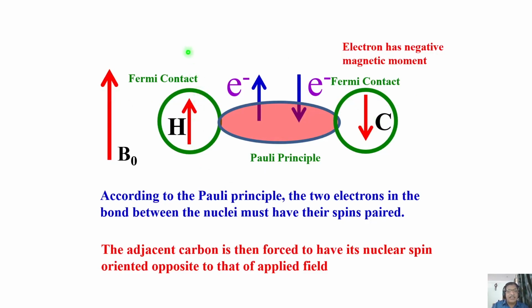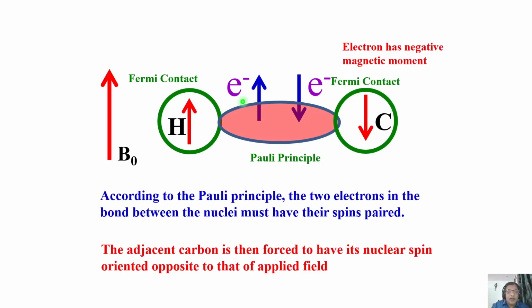I took initially the proton to be in the direction of the field. First Fermi contact, then the Pauli principle of electrons getting paired, again this electron having Fermi contact with this carbon. Finally, this proton forces this carbon in a direction oriented opposite to this field.